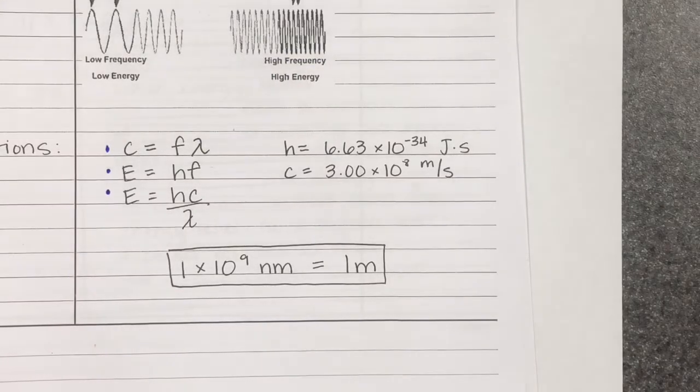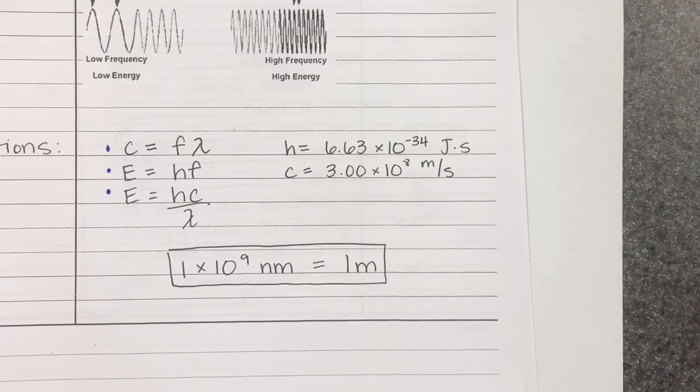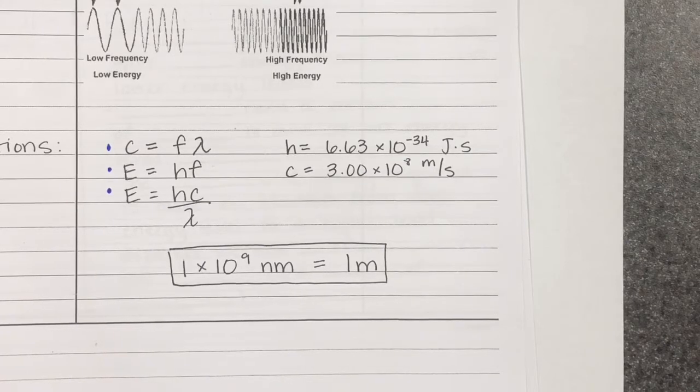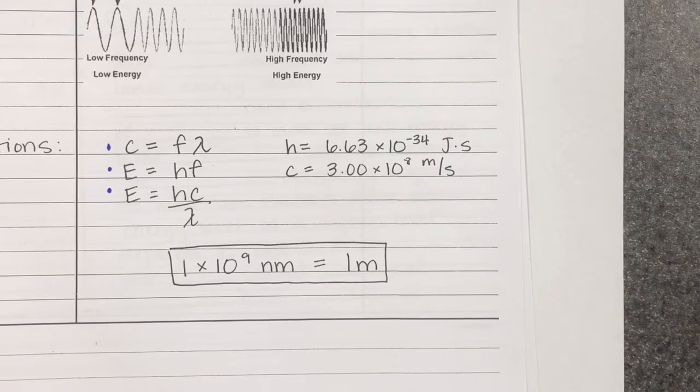We have the speed of light equation, which tells us that the speed of light is the product of frequency and wavelength. We have an energy equation that tells us that energy can be calculated by the product of Planck's constant and frequency. We have another energy calculation that allows us to calculate energy by taking the product of Planck's constant and the speed of light and dividing it by wavelength.